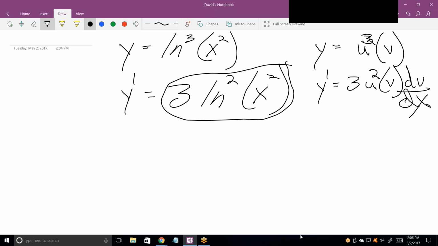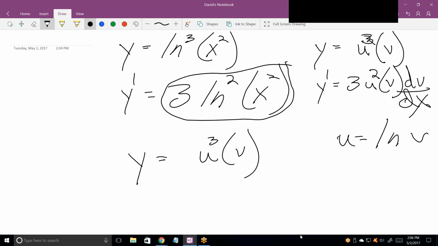I think this is a double application of the chain rule, which is hard to understand. Let's go through it. I'm going to say that u equals natural log of v. So our function really is u cubed of v. With me? Yes. If I take y prime, then it's 3u squared times dv dx.